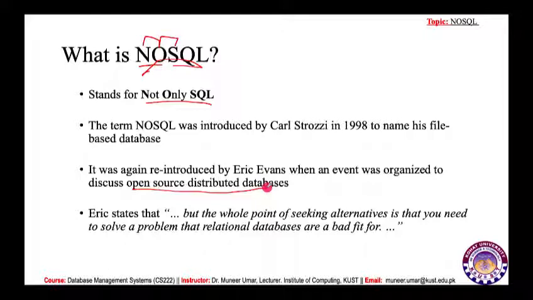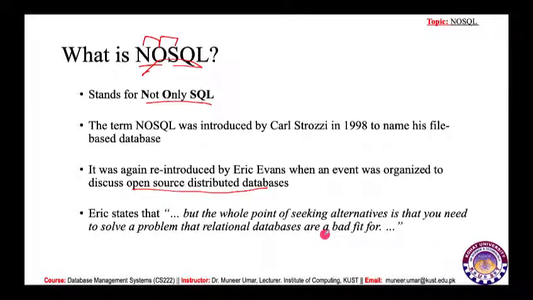The main point was to solve the issues or to address the problems which could not be addressed by relational databases in a proper way. So Eric states that the whole point of seeking alternatives is that you need to solve a problem that relational databases are a bad fit for.